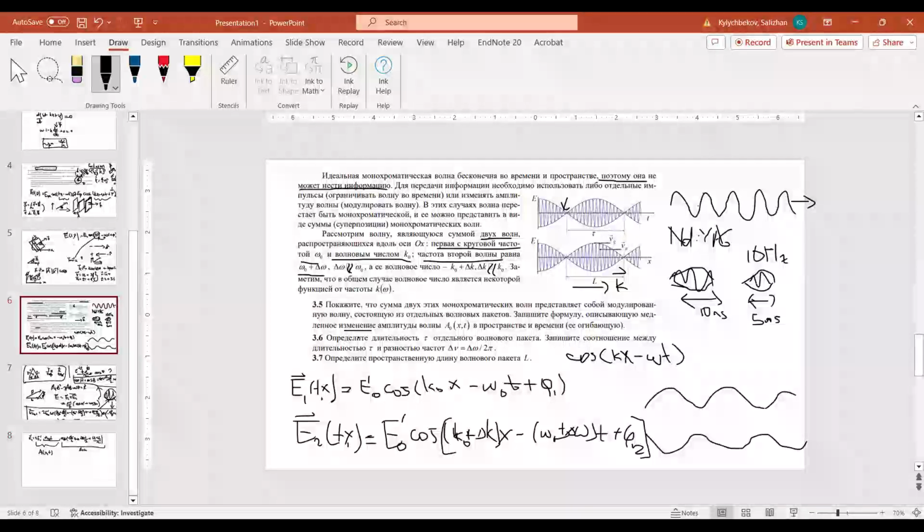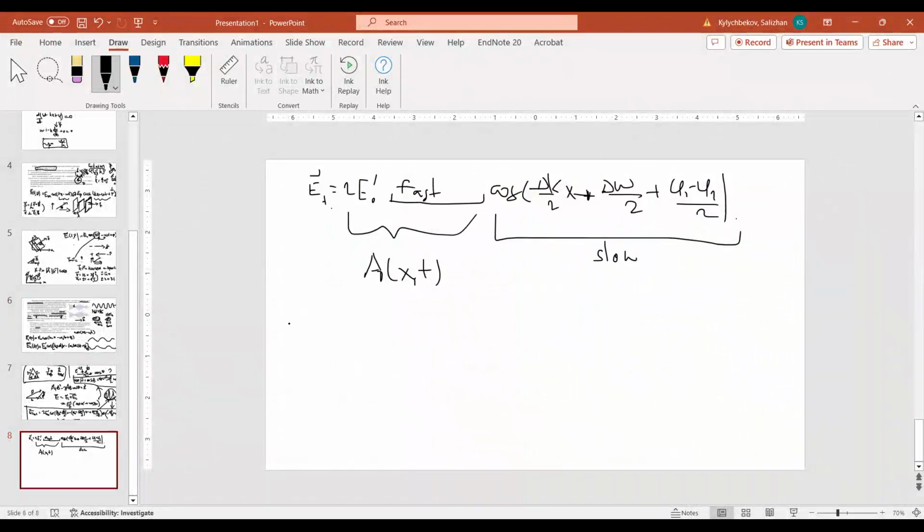That is why, when you look at it, you will understand. Determine the duration tau of an individual wave packet. Write the relation between the duration tau and the frequency difference. It will be tricky. 3.6 is a little bit tricky. It requires a little bit of thinking, but it's not that difficult. But compared to previous ones, it's a little bit tricky.